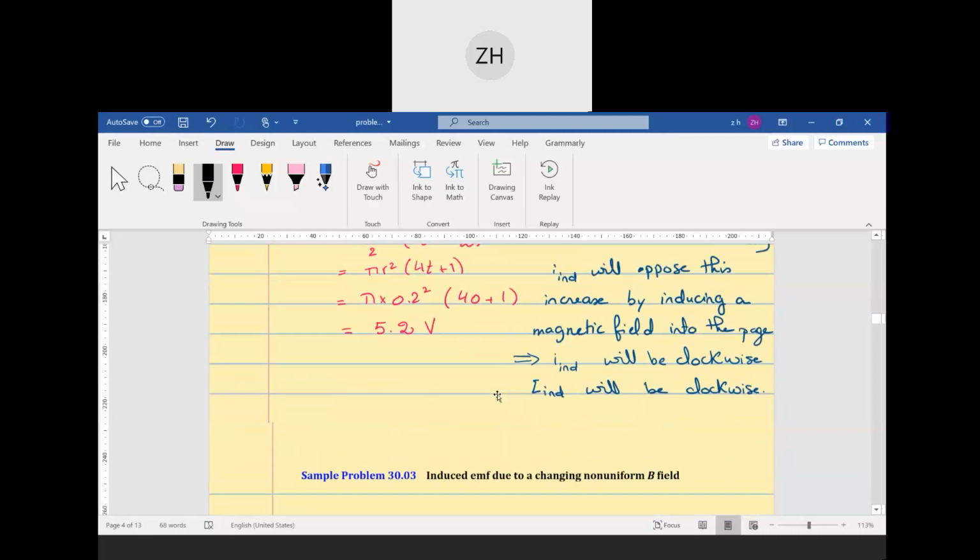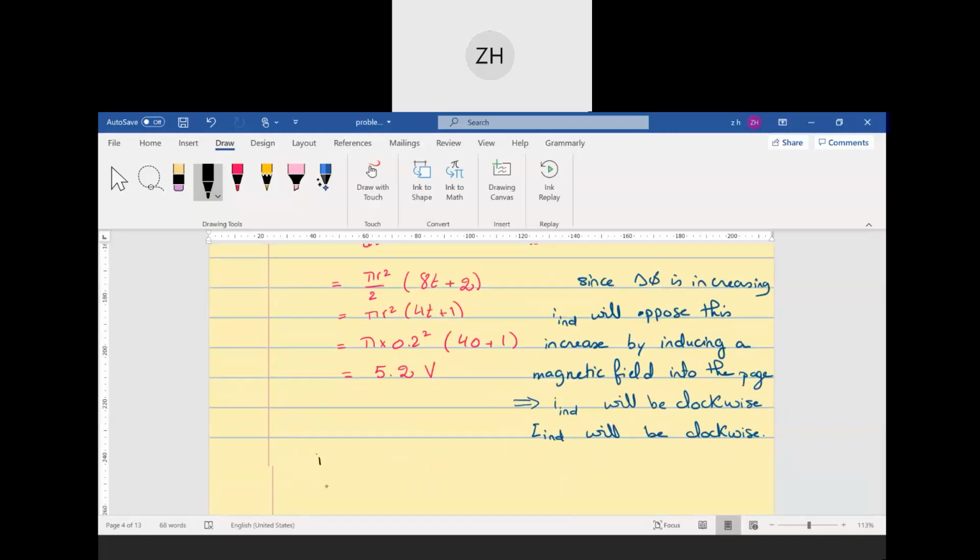Sorry, we want the total current in the circuit. So I will be E induced minus E of the battery over the total resistance. I wrote E induced minus E of the battery because E induced is more, so the total current will take the direction of the induced electromotive force. So this is 5.2 minus 2 volts, that's the voltage of the battery, over the total resistance, which is 2 ohms. And this will give us 1.6 amperes.